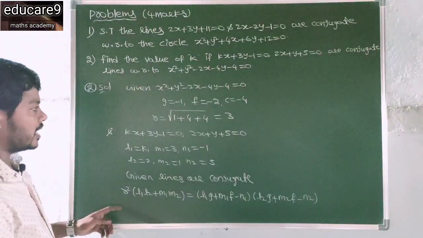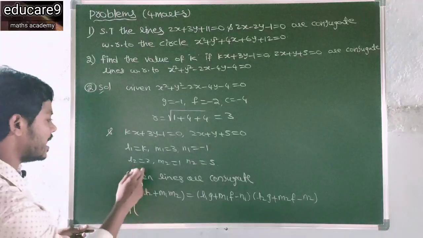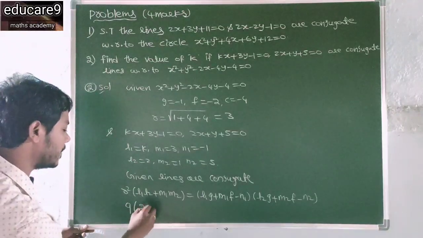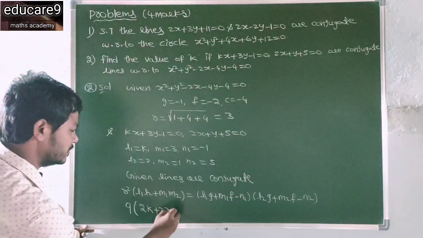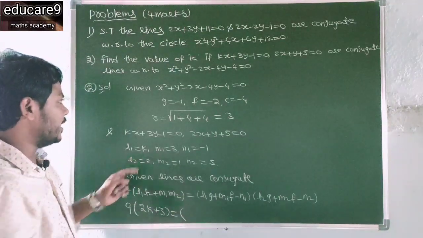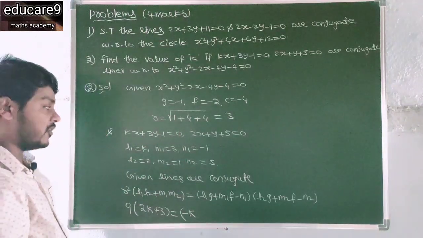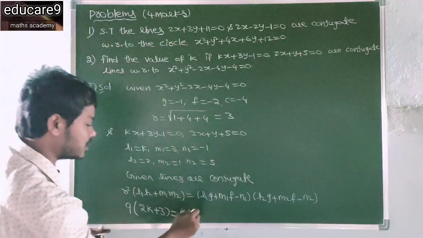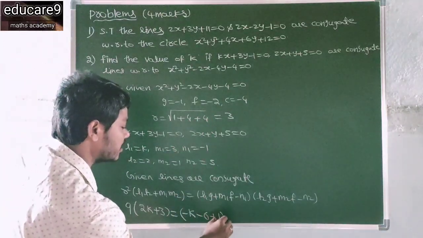See, radius square, that is 9, L1 L2 that is 2k, M1 M2 that is 3, is equal to L1G, that is k into minus 1, minus k, plus M1F, 3 into minus 2, minus 6, minus N1, you will get plus 1.